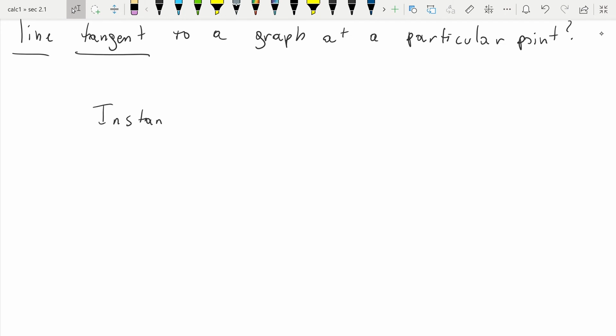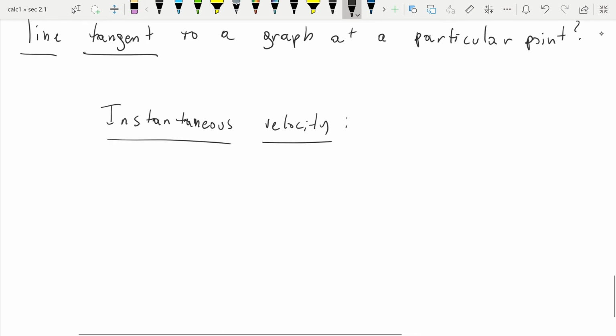Furthermore, let's insist a little bit on instantaneous velocity. So what is this notion that we're after?